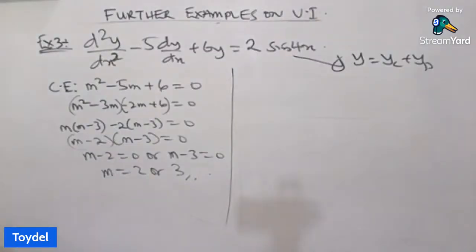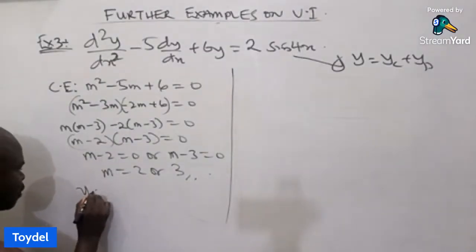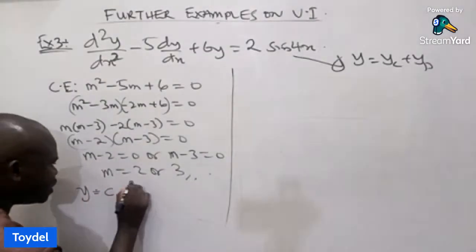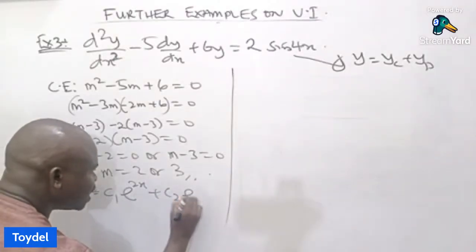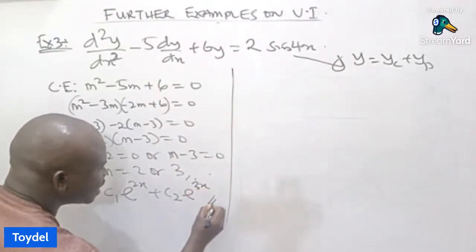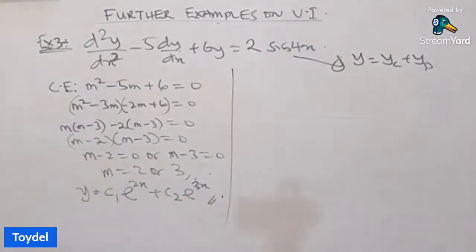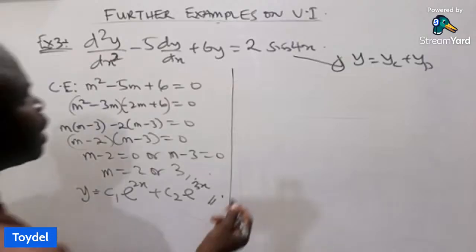That's the value of m. So the complementary solution y will now be equal to c1 e^(2x) plus c2 e^(3x). That's what the complementary solution will give us. Okay? So once we know the complementary solution, we can go ahead and find the particular integral.